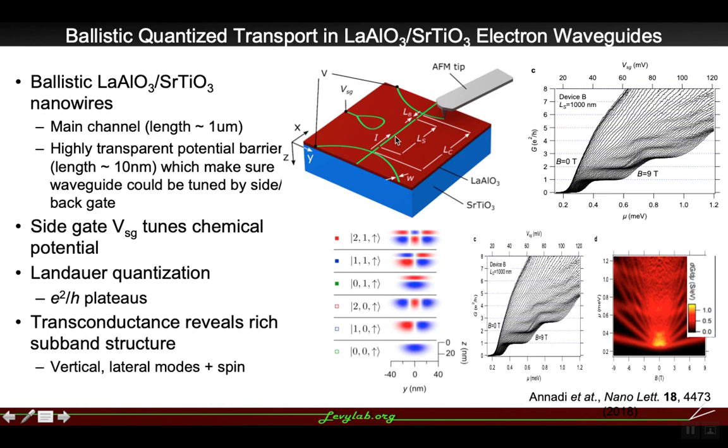By this, you can write the main channel and some wires and the side gate by applying a positive voltage to the tip, and to write the barrier you can apply a negative voltage.